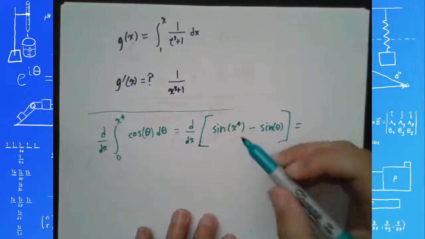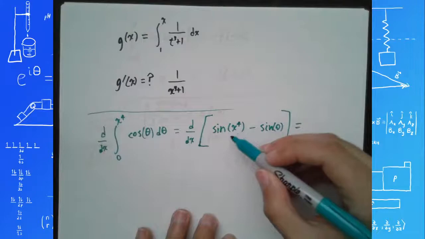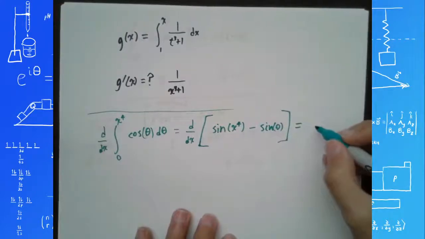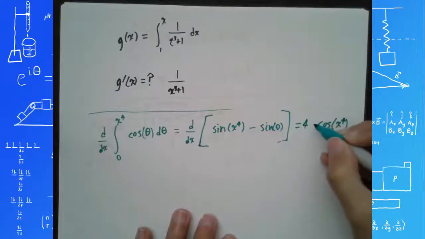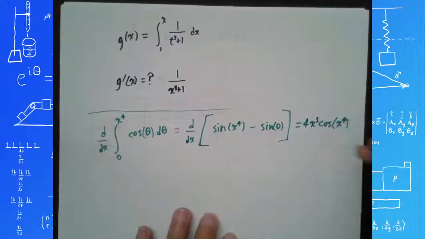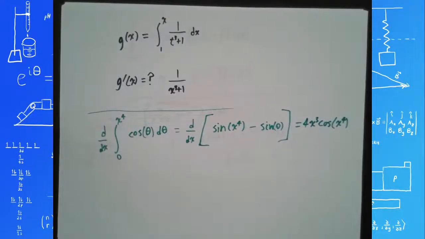The derivative of sine is cosine x to the 4th, times, because of the chain rule, 4x cubed, the derivative of x to the 4th. So that's a case where the top bound is some function of x.